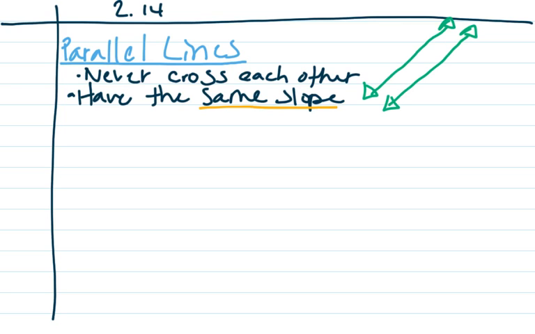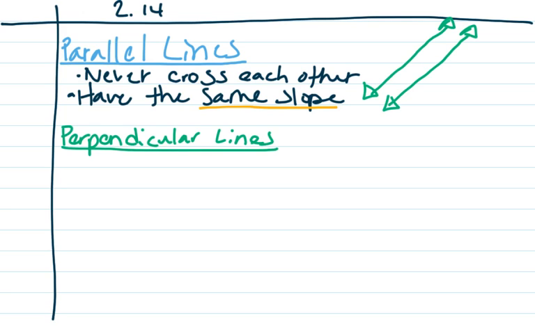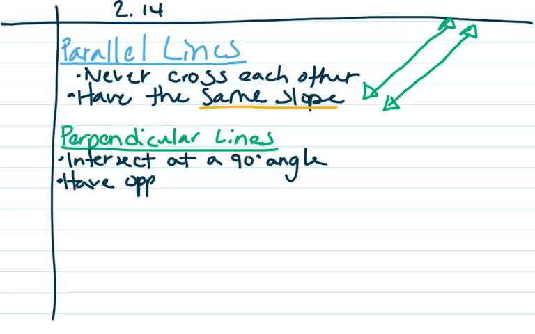Then we have perpendicular lines. They intersect at a 90-degree angle. So they have to intersect at a 90-degree angle. And they have opposite reciprocal slopes.